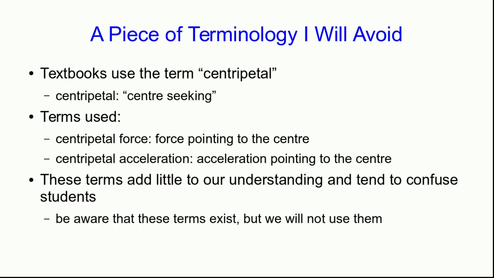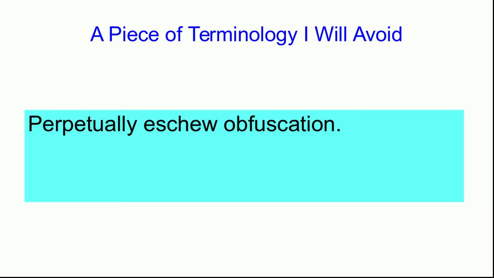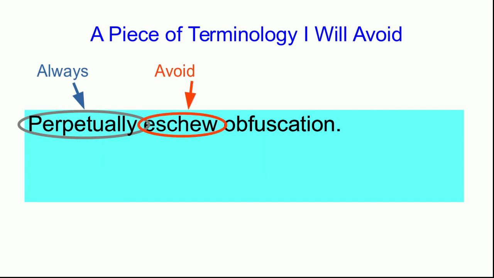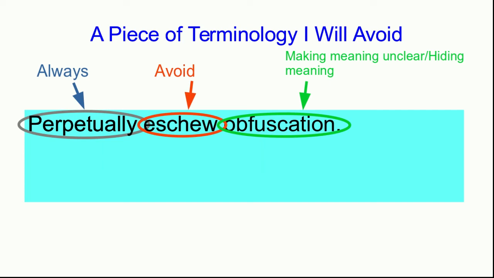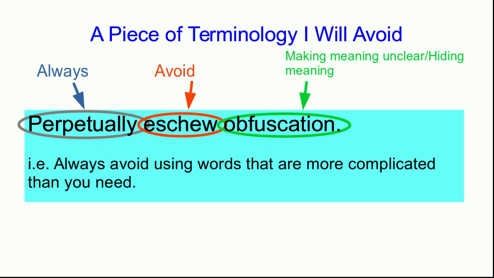Well, these terms really add little to our understanding, and they tend to confuse students, because all we mean is that these are vectors that point to the center. So be aware that these terms exist, but I'm not going to use them because we should perpetually eschew obfuscation. What do I mean? Well, perpetually means always, eschew means avoid, and obfuscation means making meaning unclear. So in other words, we should always avoid using words that are more complicated than we need. We don't need to say centripetal, it just means to the center.